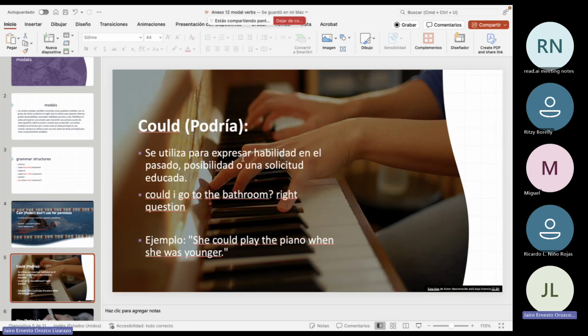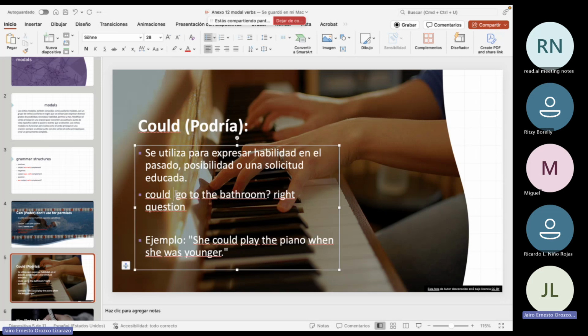Could is used to express skills in the past, possibility, or a permission, educated permission. Okay, so could I go to the bathroom? She could play the piano when she was younger. This is skills in the past, habilidad en el pasado.